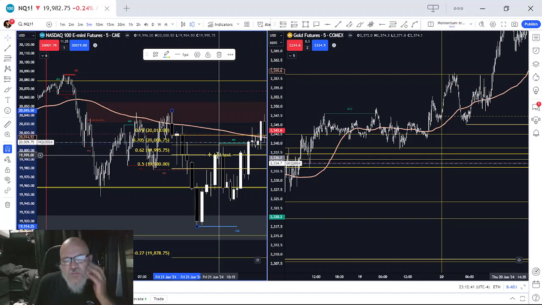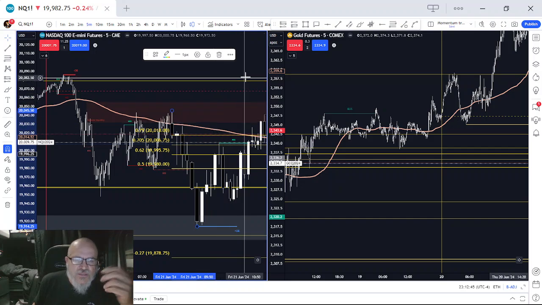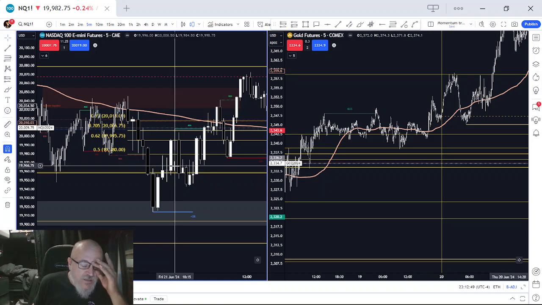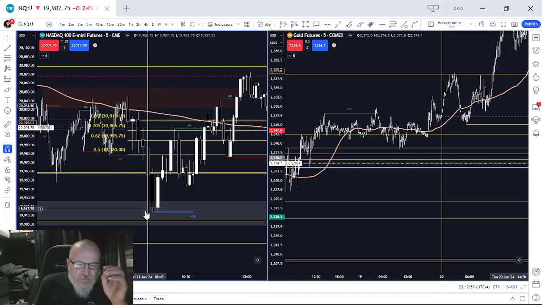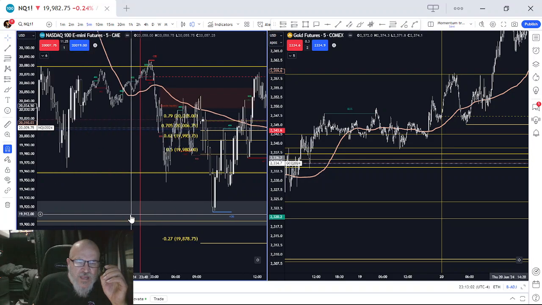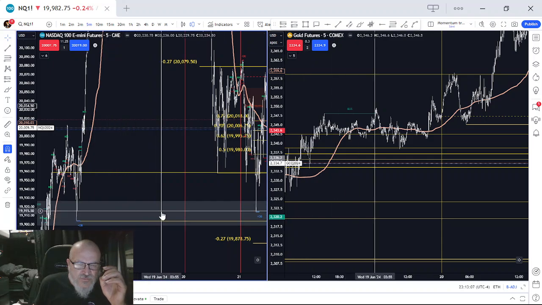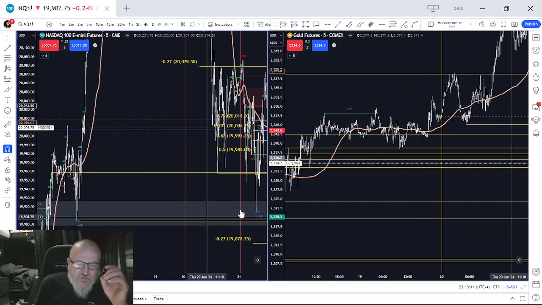Now, this is where you have to be a little bit careful, and experience will help you with this once you're trading it for a while. Yes, you're expecting it to come down to the 2-7, but look at how big this reversal was right here that created an order block. And we have this inverse order block.